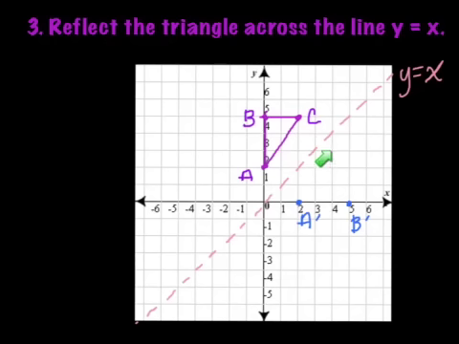You know it's got to be somewhere around here, but you know it's in line with B. So you can probably tell where it's going to be. It's going to be right here. C prime. And we go ahead and connect them. Oops, that's ugly. Okay. And that is a reflection across the line y equals x.